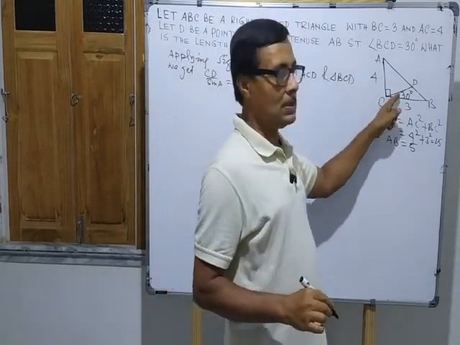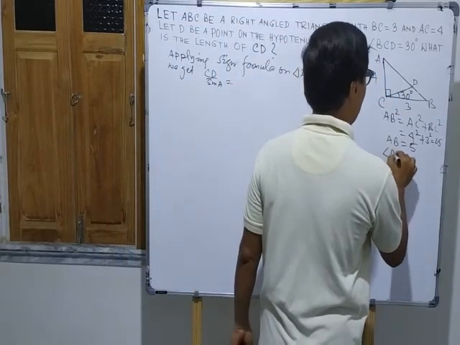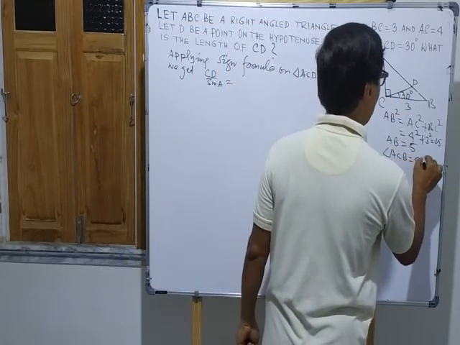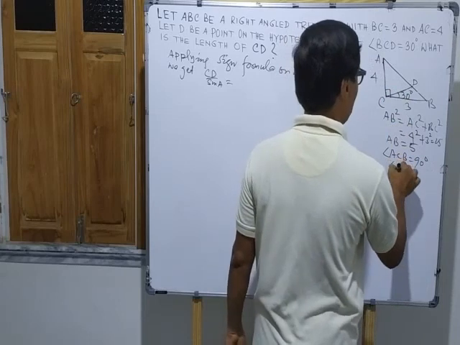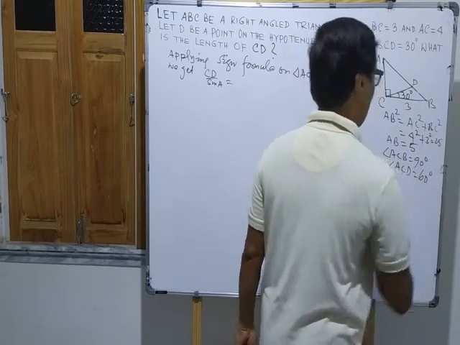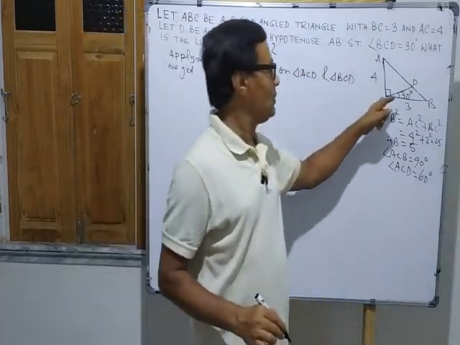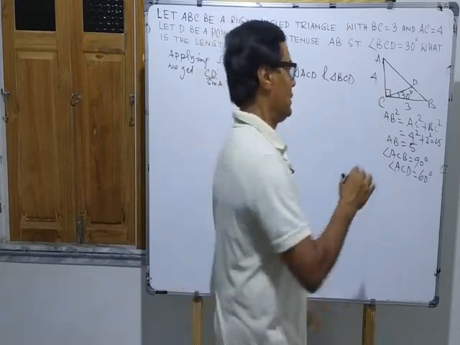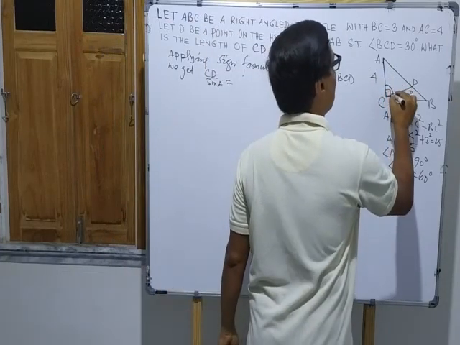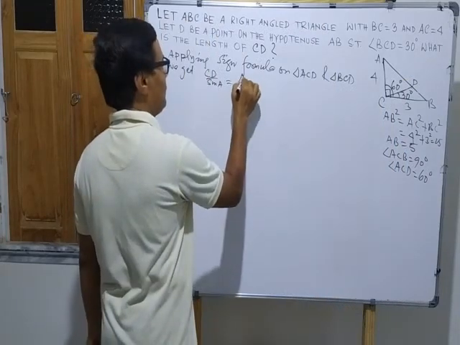Here angle BCD is 30 degrees and angle ACB is 90 degrees. So angle ACD is 90 minus 30, that is 60 degrees. So CD over sine A equal to AD over sine of 60 degrees.